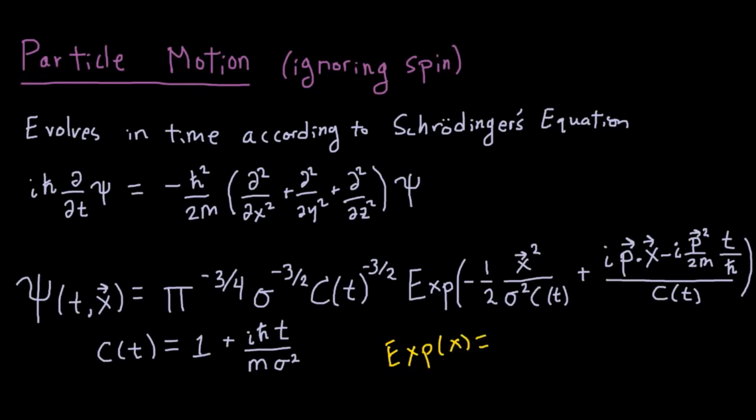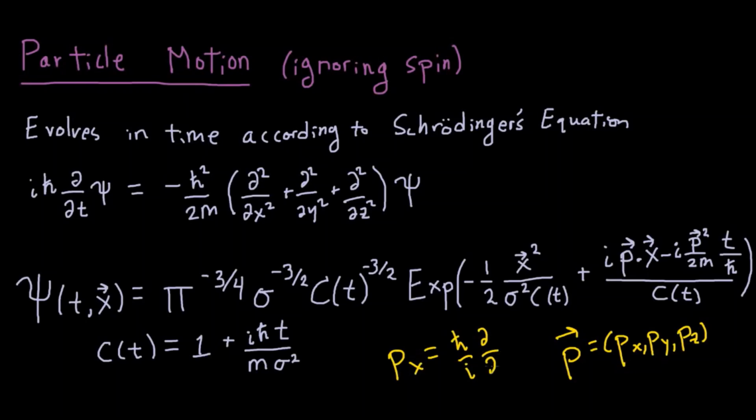And then we have negative 1/2 times x squared over sigma squared times c of t, plus i times p dot x, where p is just a vector with three components, px, py, and pz. I know previously I said that px was equal to h bar over i times partial x.